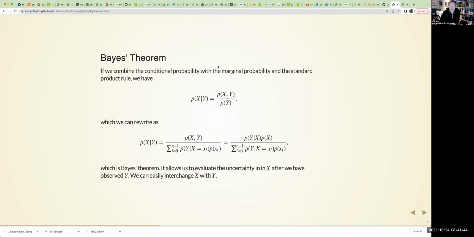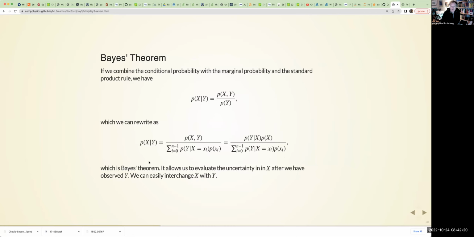Then, from the conditional probability, we can obtain Bayes' theorem. Bayes' theorem simply uses the expression for the conditional probability. It takes the marginal probability for P(y) here, and then it simply rewrites this in terms of the product of the probability of having y given x and P(x), and then divided by a factor here which serves to normalize the probability.